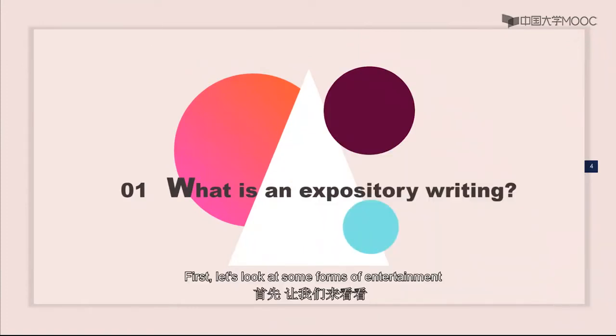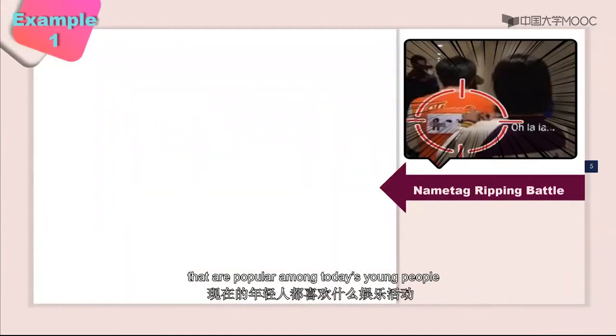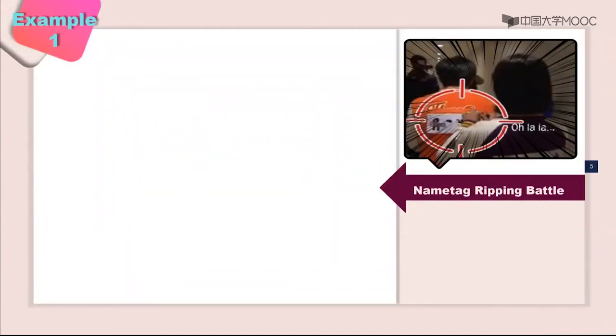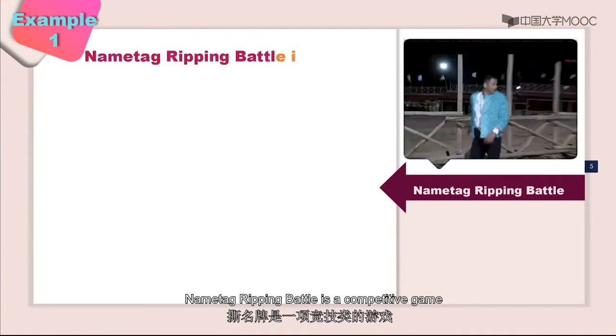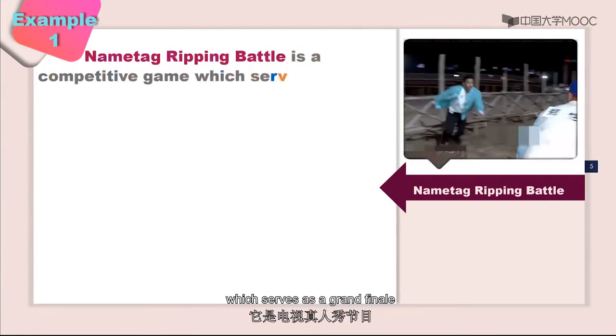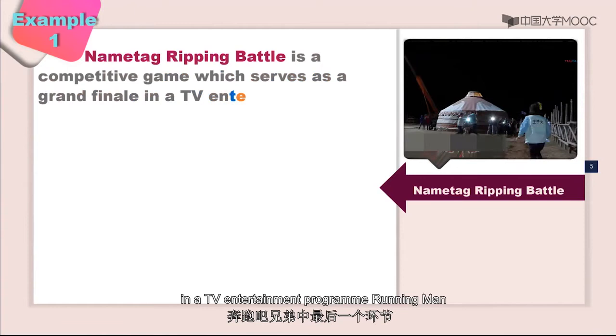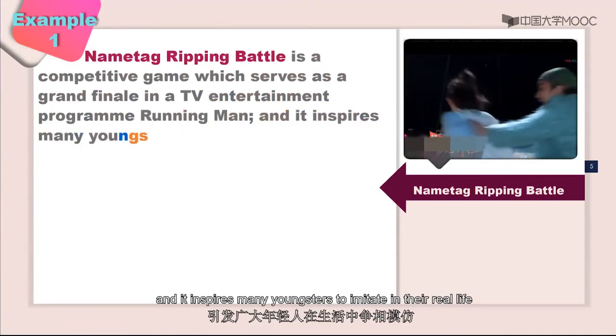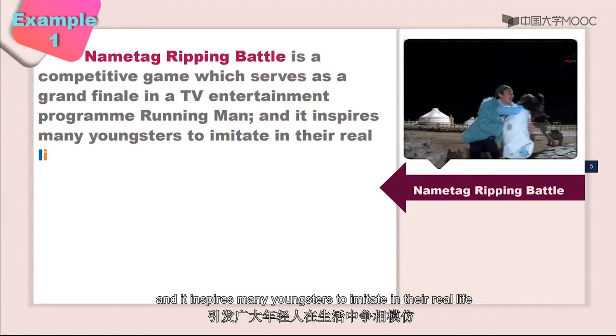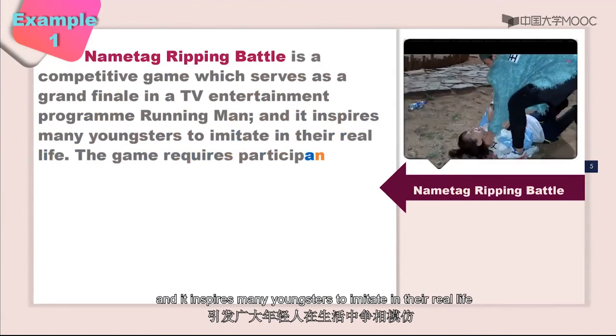First, let's look at some forms of entertainment that are popular among today's young people. Example 1. Name tag ripping battle is a competitive game which serves as a grand finale in a TV entertainment program, Running Man, and it inspires many youngsters to imitate in their real life.